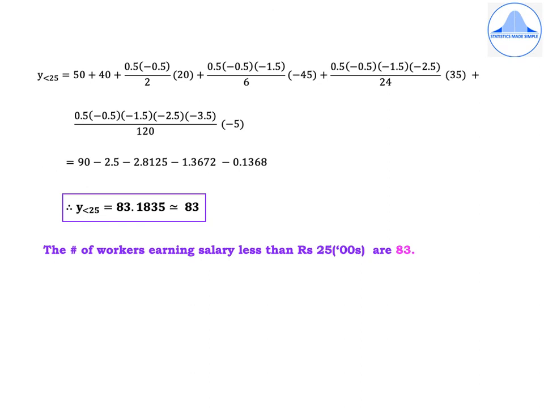Therefore, y less than 25 is equal to 83.1835, which you approximate to a whole number 83. Therefore, the number of workers earning salary less than rupees 25 in hundreds are 83.